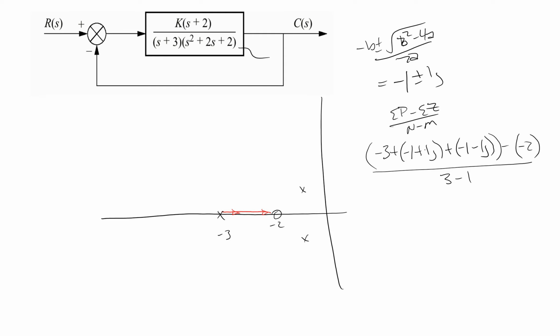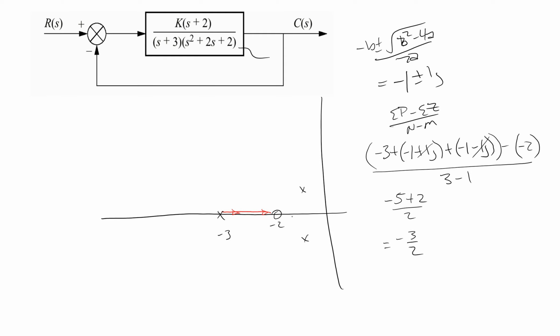Okay, so we look at this and we can see that the minus 1j and plus 1j cancel out, and so what we end up with then is minus 5 plus 2, all over 2, and so this ends up being minus 3 halves is where we intersect the real axis.